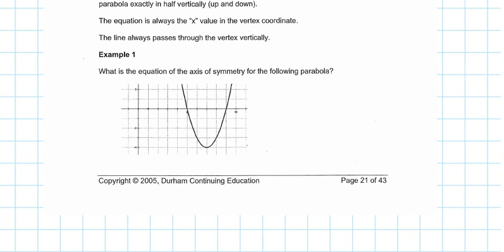If you're going to draw a line that cuts this parabola in half, a line vertically, where do you draw it? In the middle, that has to pass through what point? It passes through the vertex. So if I'm going to graph a line that cuts this in half, it's going to pass through the vertex. We call this line, it's an imaginary line, we call it the axis of symmetry.